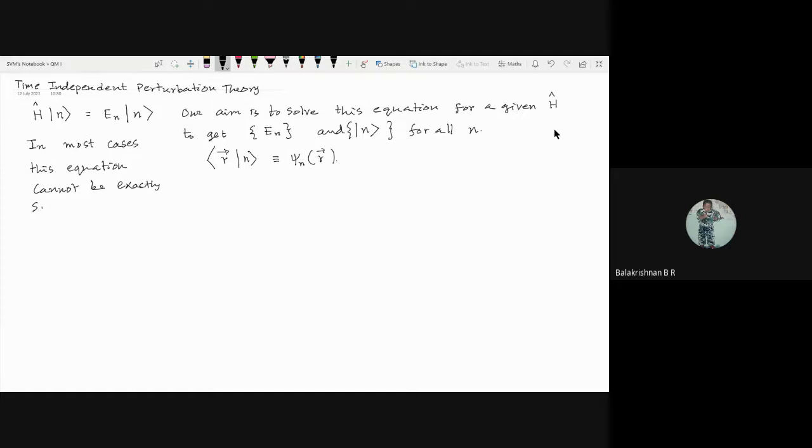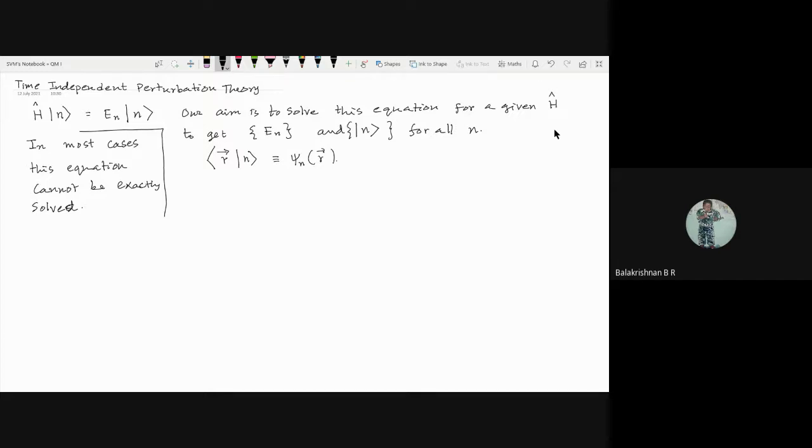In fact, whatever cases in which it can be exactly solved, I think we have solved that already in the course. So this is important. In most cases, this equation cannot be exactly solved.